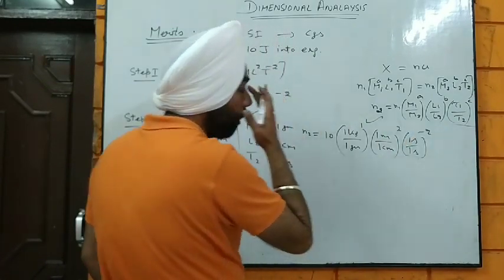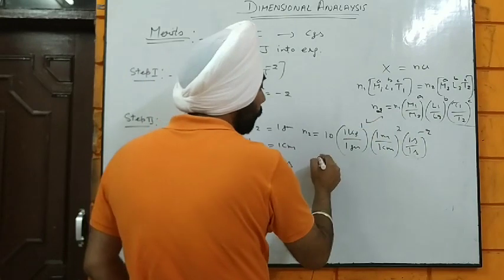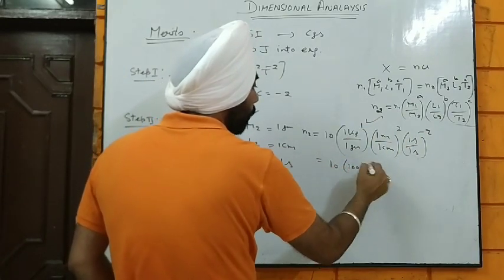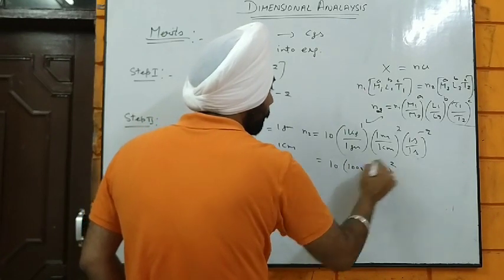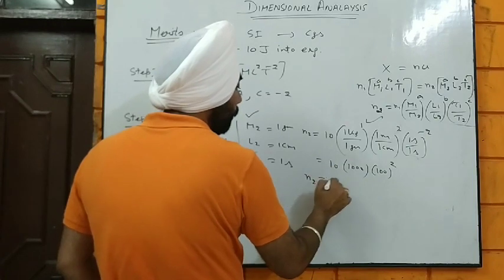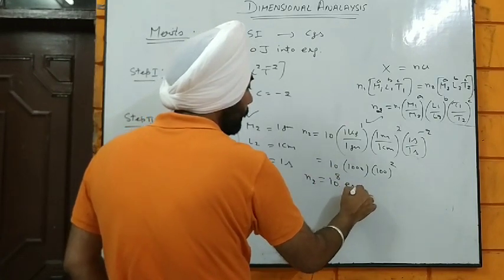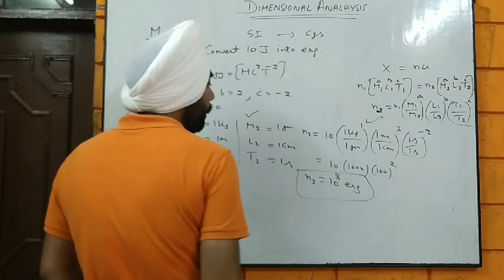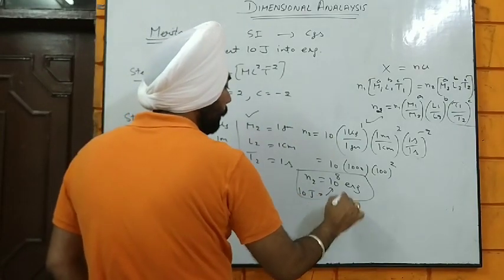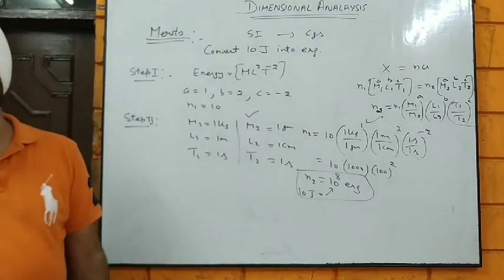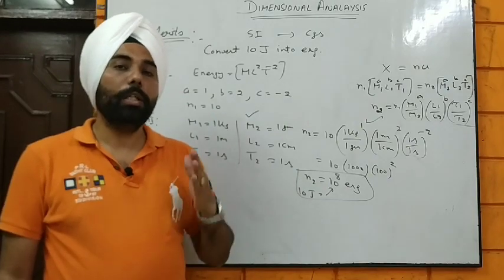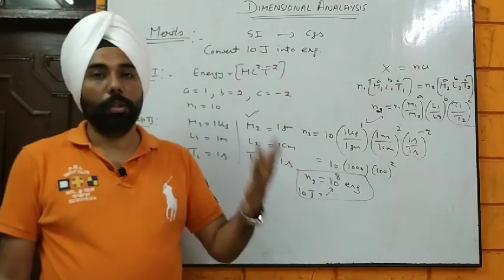This is cancelled out because 1 raised to any power is 1. So 1000 from here, now 100 squared, which means 10,000. So N2 is equal to 10 raised to power 8 erg. So we can easily have the answers. 10 joule is equal to 10 raised to power 8 erg. This is how we can calculate any numerical. We can convert one SI unit into another.